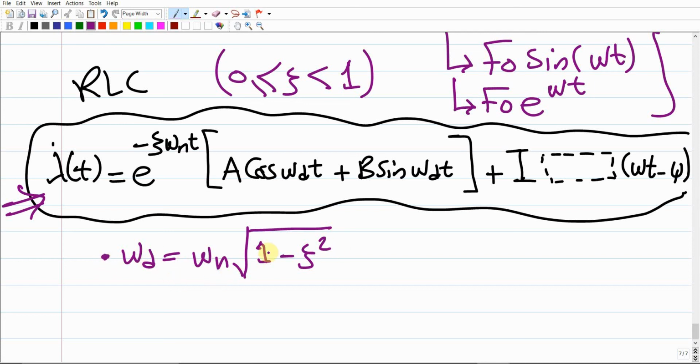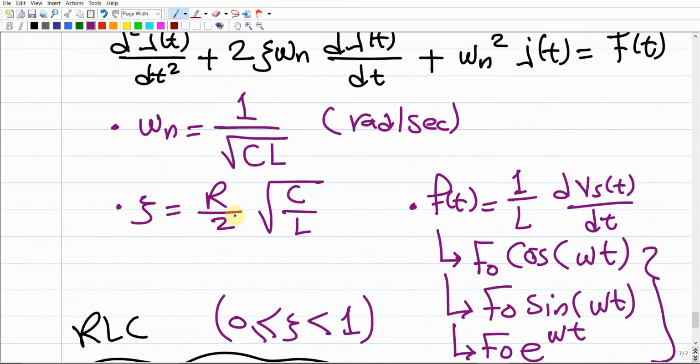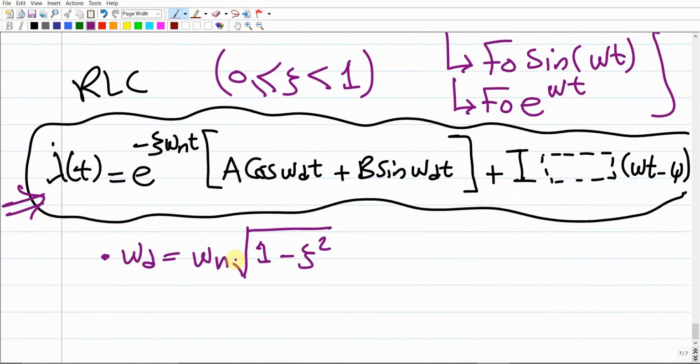This is for omega d, and in terms of omega n and xi, you're going to find them here from these two equations. And so we have omega n, we have omega d, A and B just constants.